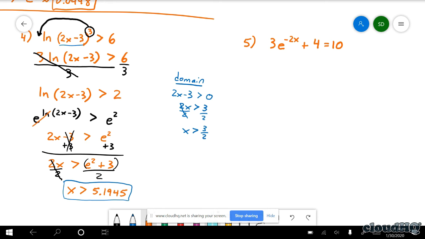It is exponential. So it is important that we isolate the exponential piece of this. So it means first thing I would do is subtract 4. Then I would need to divide away the 3.